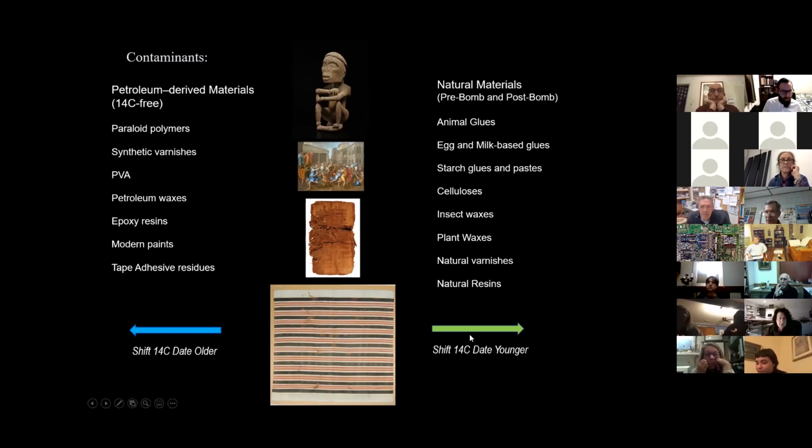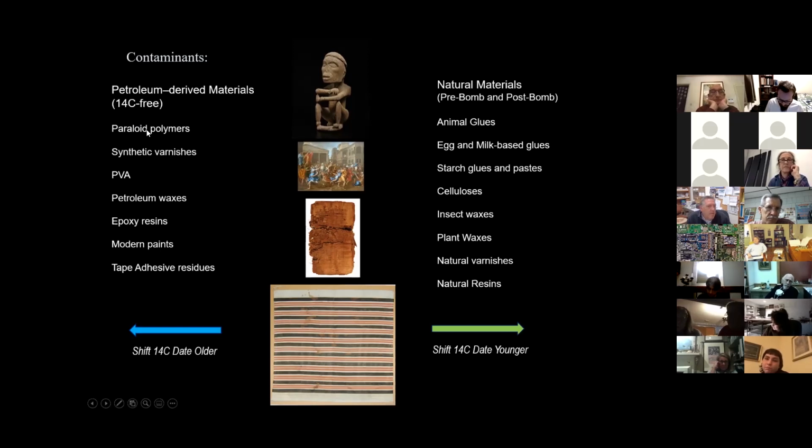And these materials may have different radiocarbon concentrations than the objects themselves. And so residues of them, if they're present, if they're younger and they're not removed, will artificially shift the measured radiocarbon date younger.